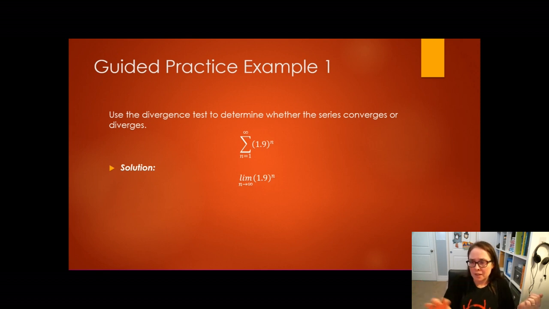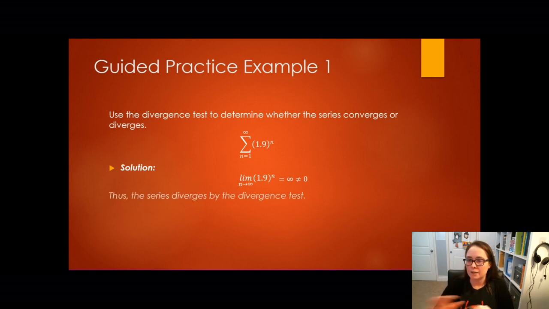Looking at this, because the base is a value greater than 1 and n is approaching infinity, this whole term is going to approach infinity. If I had gotten something less than 1, so maybe it was 0.9 instead of 1.9, then this limit would have approached 0. But as is, it is equal to infinity, which is not 0. So that means I can conclude that this series diverges by the divergence test.